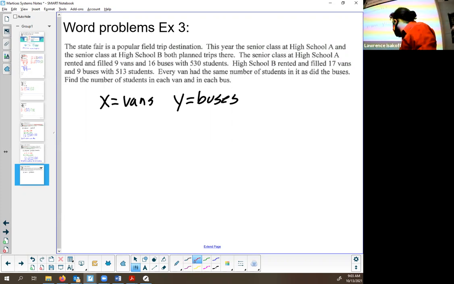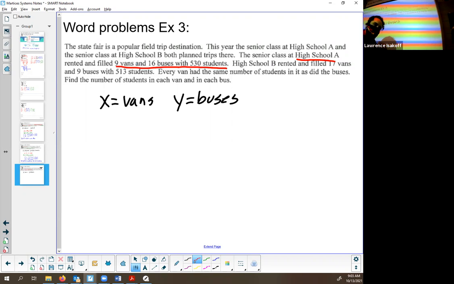So let's look at high school A. Somebody give me an equation for high school A here. Nine vans, 16 buses for a total of 530 students. 9x plus 16y equals 530.